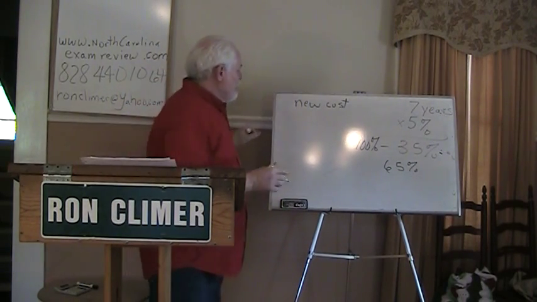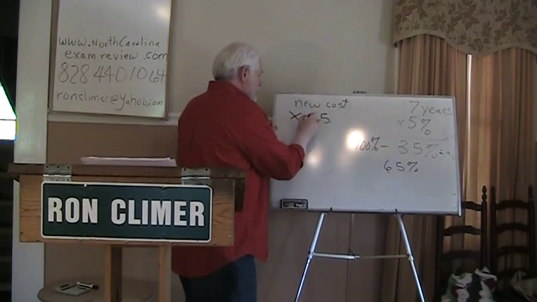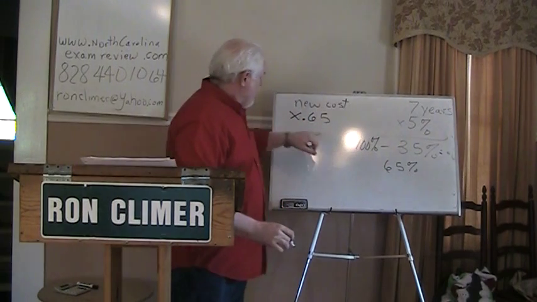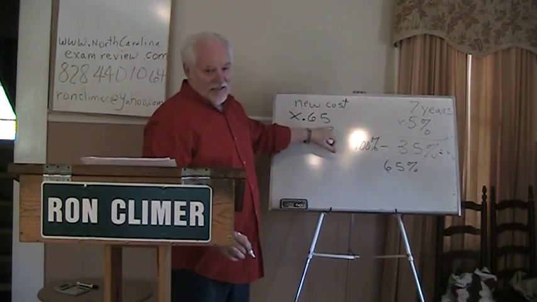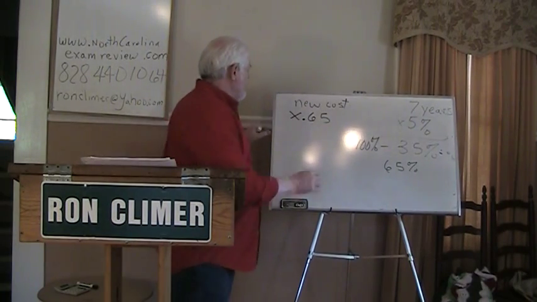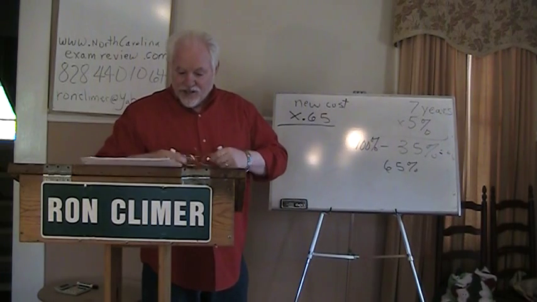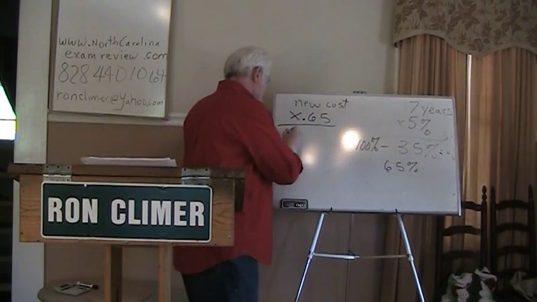So if we knew the new cost times 65%, and does everybody know that 65% expressed as a decimal is 0.65? The new cost times 0.65 would give us $91,000.